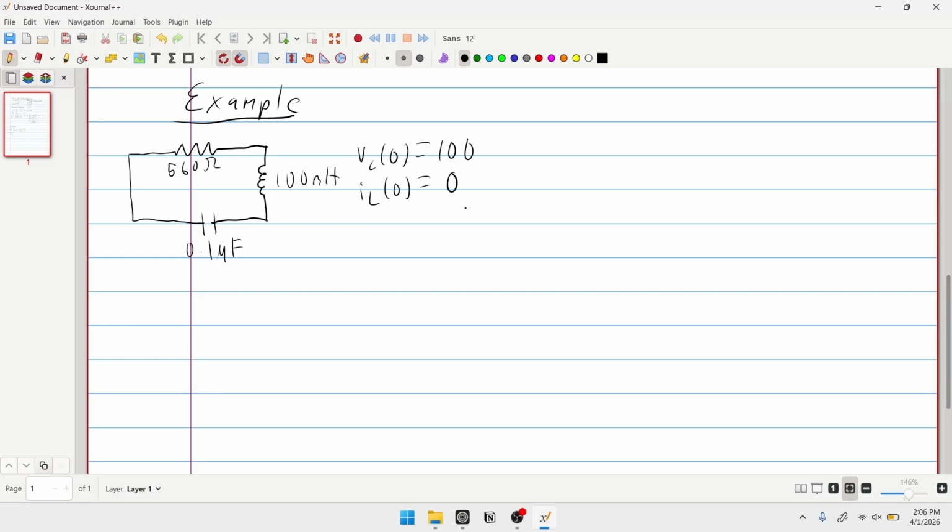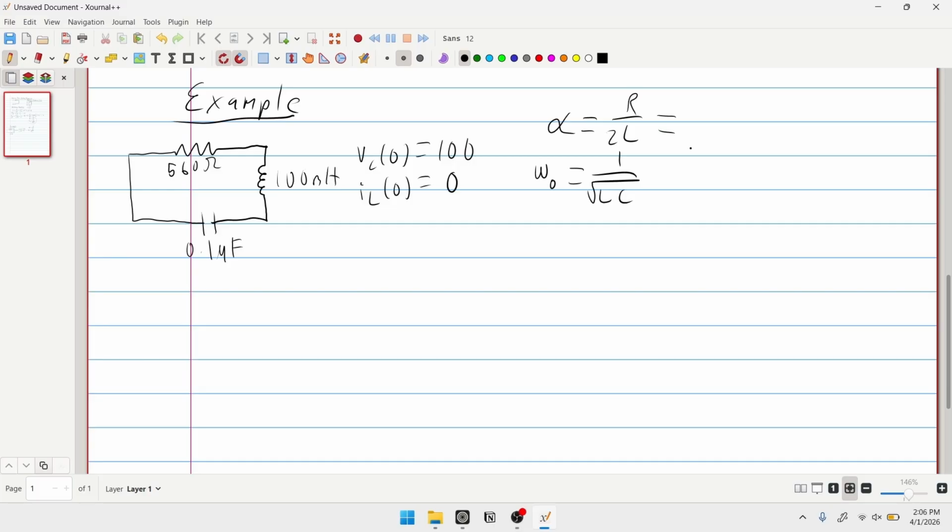So let's find the type of damping in this circuit. Let's start with our parameters, which are alpha and omega naught. And so we know that alpha equals R over 2L, and omega naught is equal to 1 over square root LC. Put this in our calculator.